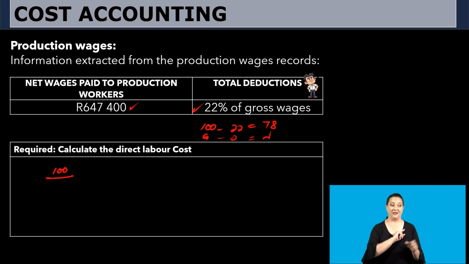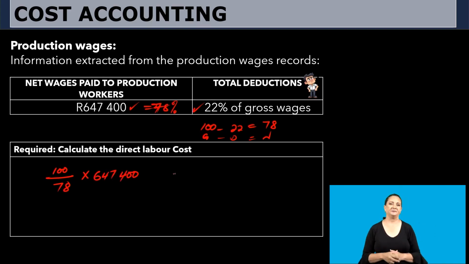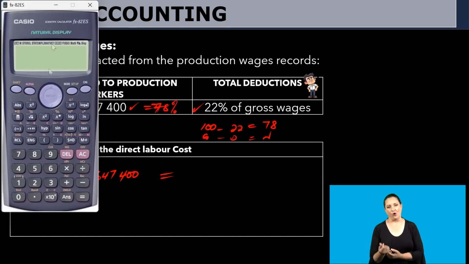So 647,400 is equal to 78%. What we want is 100, but what we have is 78%. Then we multiply this by 647,400, and that will give us our direct labor cost.